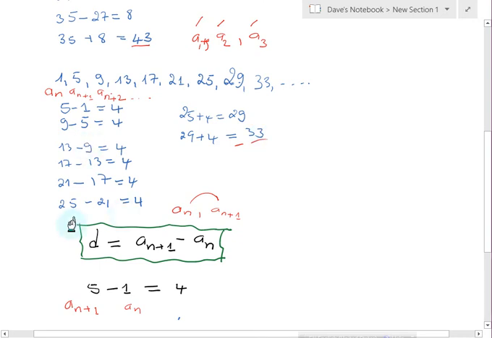This whole thing is put together in a formula, the one you can see here: D equals A(n+1) minus A(n). What does that mean? In a sequence, the first term is A(n), or A0.